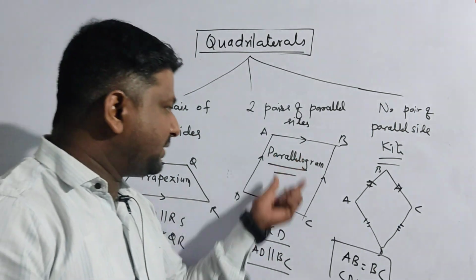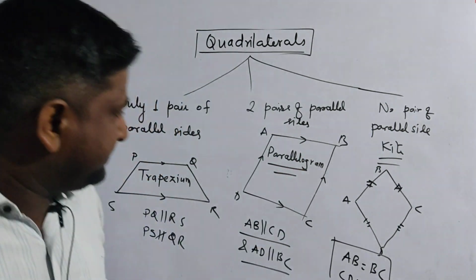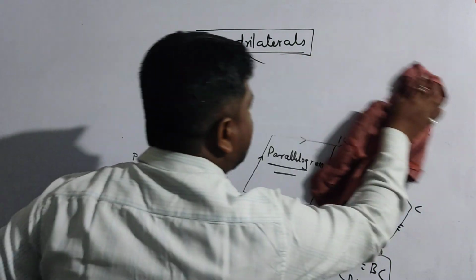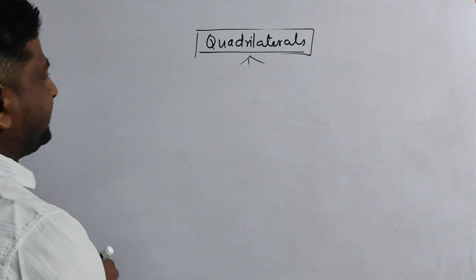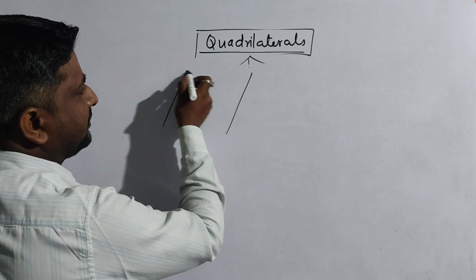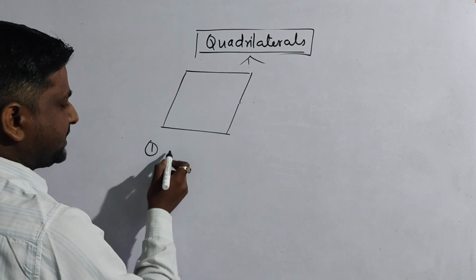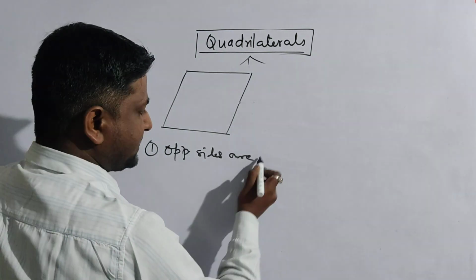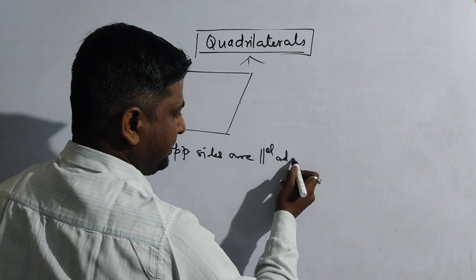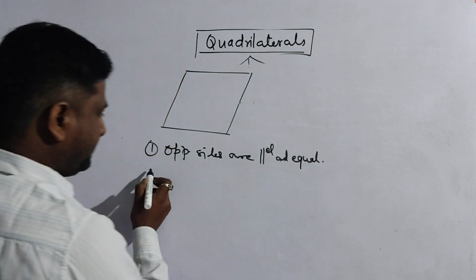Well, now we are going to deal with the parallelograms in detail. Let's begin. Let's understand the properties of the parallelograms. The first thing: opposite sides are parallel and equal.